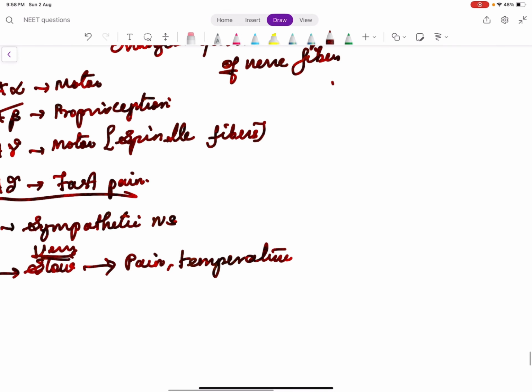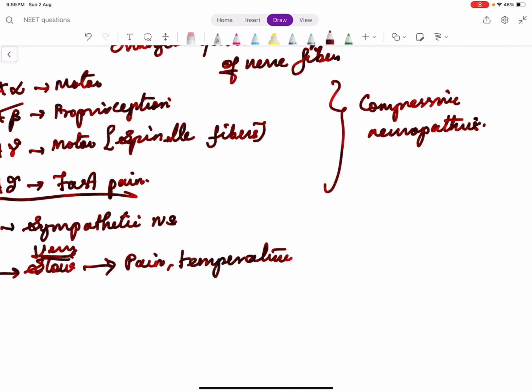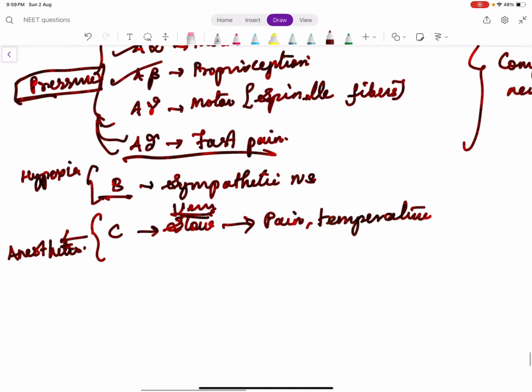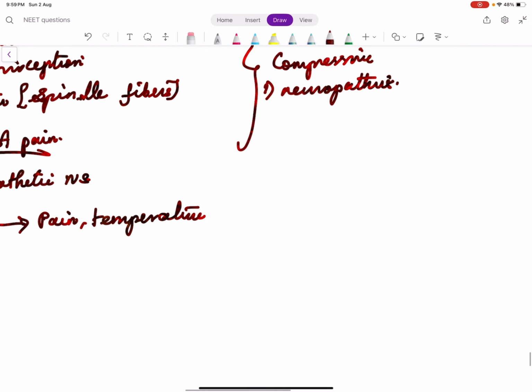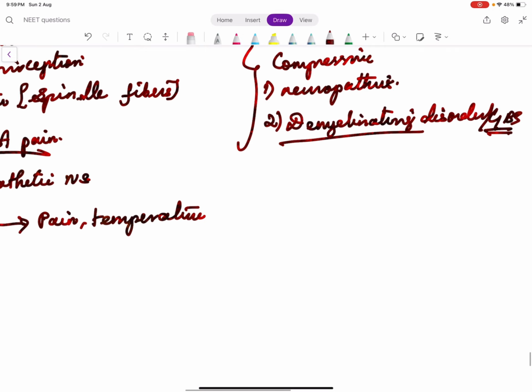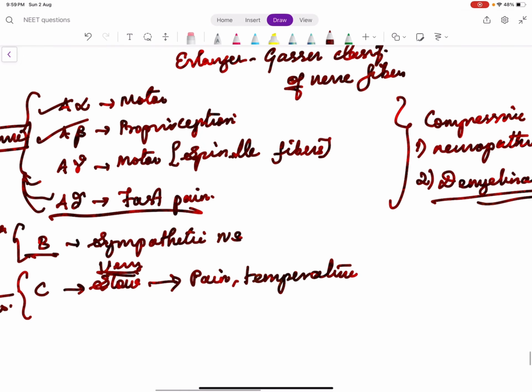This is the reason for compressive neuropathies. Plus, since A fibers are heavily myelinated, they are also damaged in demyelinating disorders like GBS, right? So that is why in GBS demyelination occurs of A alpha fibers. So we get weakness.